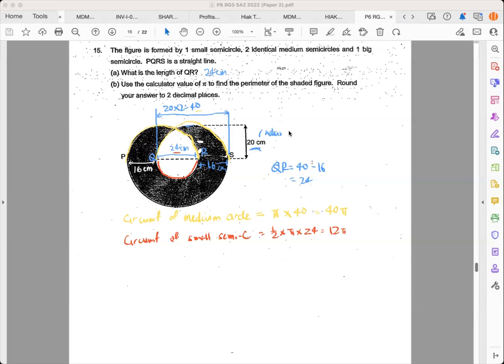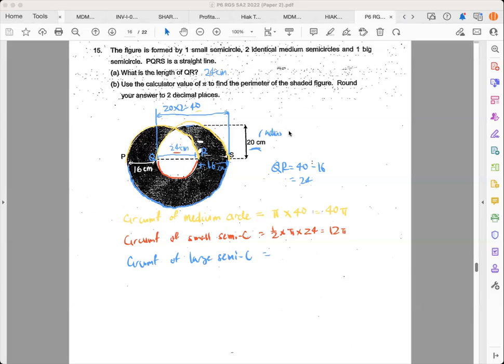Now, there's still one missing part of the perimeter. This is the part. This is the circumference of the large semicircle.